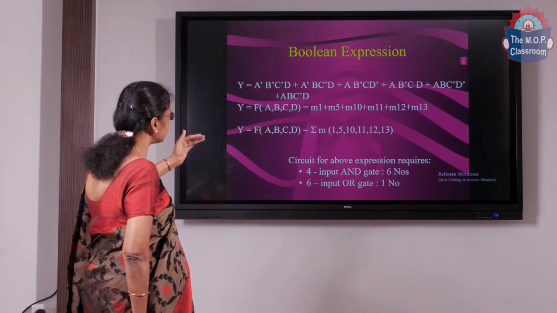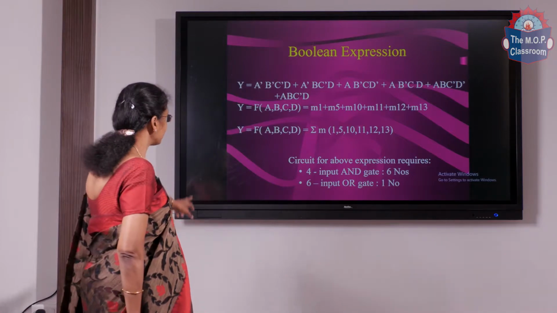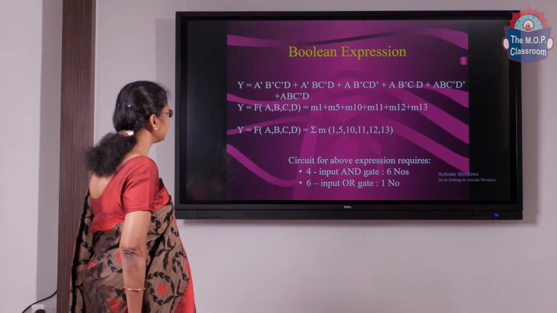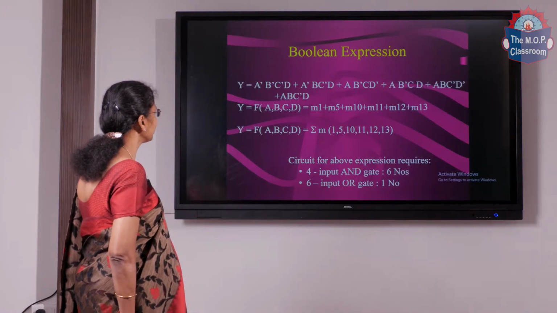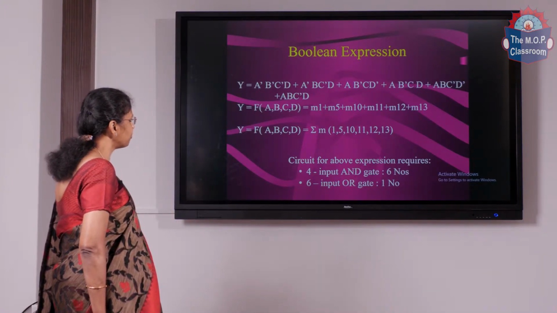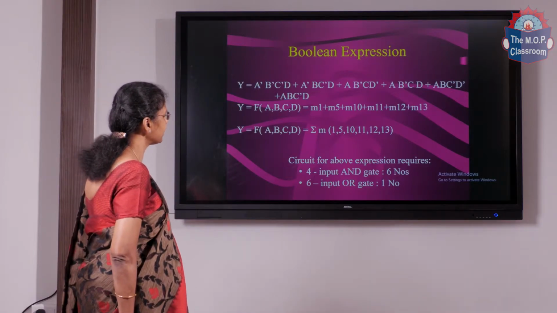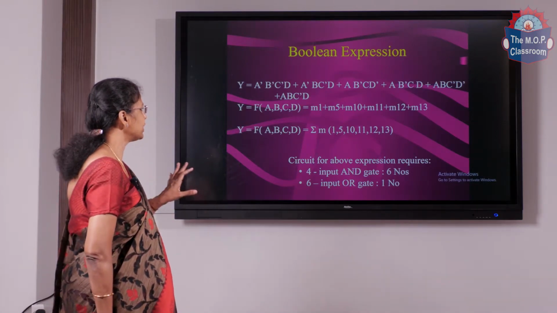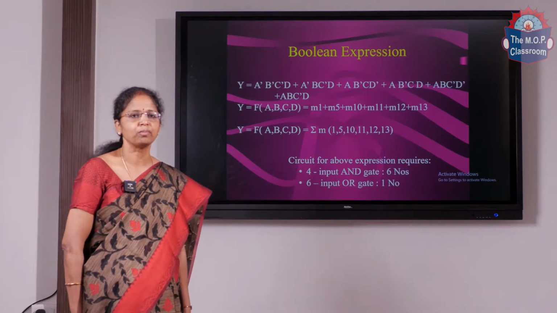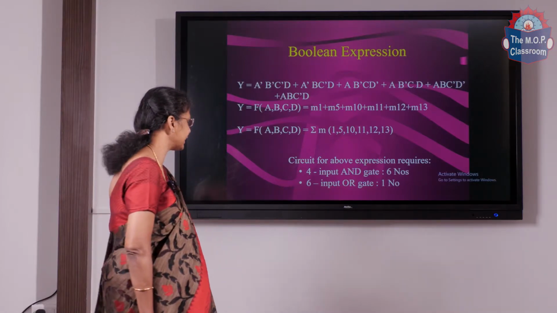This can be written in a much shorter way by just using the summation sign. So, the Boolean function f of the 4 variables A, B, C and D is nothing but the summation of minterms corresponding to the numbers 1, 5, 10, 11, 12, 13. This is the Boolean expression for the given problem of designing a circuit for gray code.